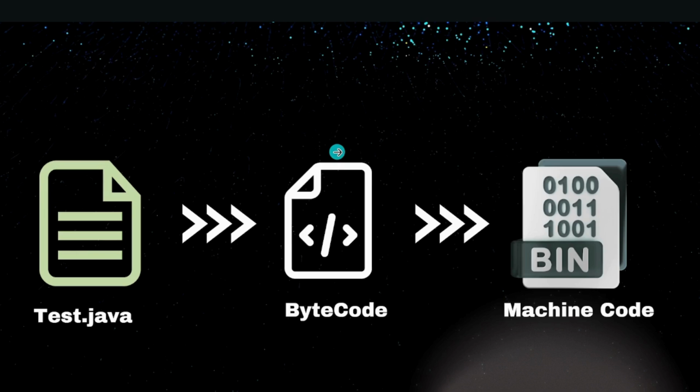But when we run this application, what our JVM does is convert this bytecode into machine code, that is 0s and 1s, binary code. This binary code, however, is not platform independent; it is platform dependent.